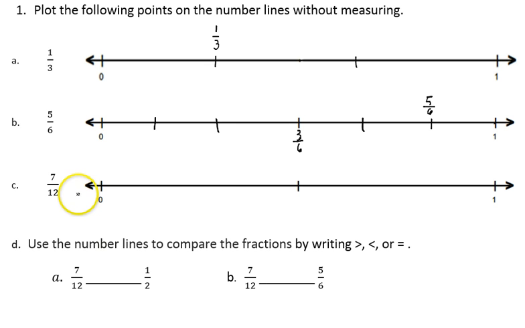To plot 7/12, again, I see that the halfway point has been marked, while half of 12 is 6/12. So that's the halfway point, and that means now each half needs to be divided into 6 sections in order to give us 12ths. I'm going to start by dividing the half in half, and then divide each of those into 3 sections.